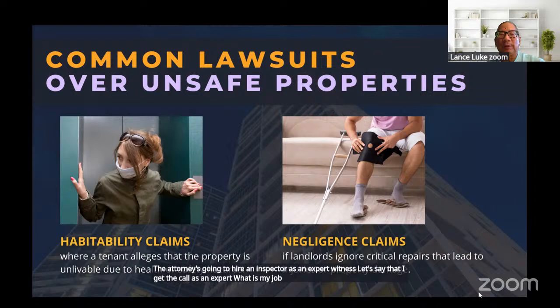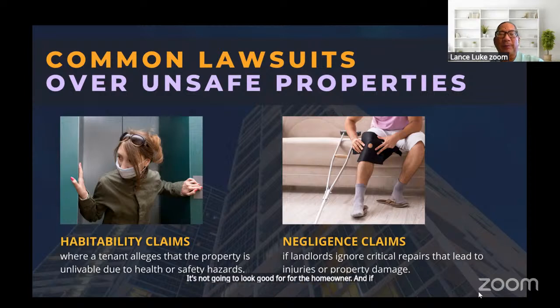My job is to go there, look at the condition of the property, and render an opinion as to, was this property, specifically the stairs and railing, built to code? Was it maintained? Was it in a proper state where it was safe? And if my answer was no, it was not safe, no, it didn't conform to the building code, yes, the railing was loose, yes, there was wood rot, yes, there was termite damage, it's not going to look good for the homeowner.